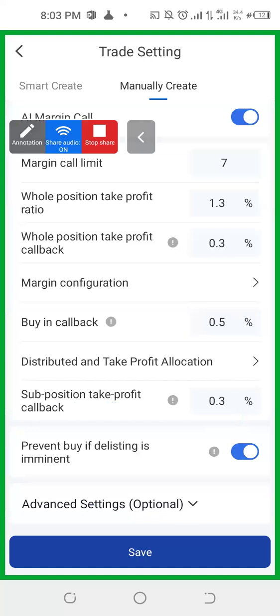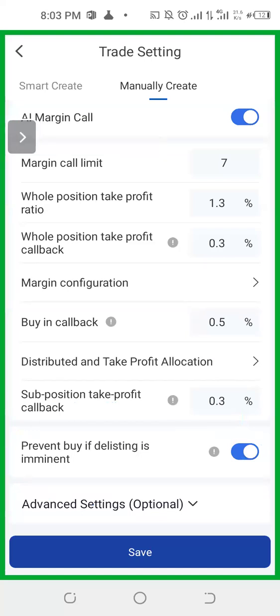Are you seeing how effective, how proactive this project is? They have already put it in the bot. If a coin is about to be delisted, they have already configured it on your bot. Your bot will not buy because they've seen that a lot of people are losing money when a coin is about to be delisted.